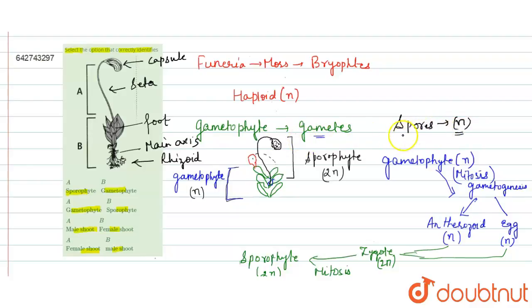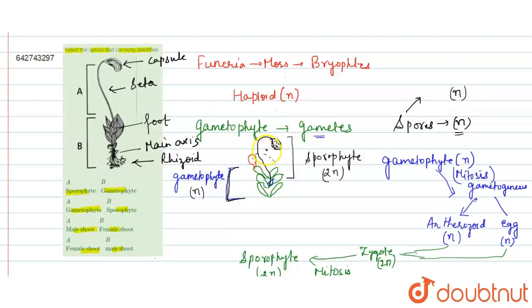What are these spores basically? The spores are nothing but, you can say, mini seeds. Since the spores act as seeds, when this capsule bursts, the spores are scattered around in the atmosphere, and then a spore will settle down somewhere and a new plant will start to grow from there, which will again be n in nature, and that main plant body will again be known as the gametophyte.